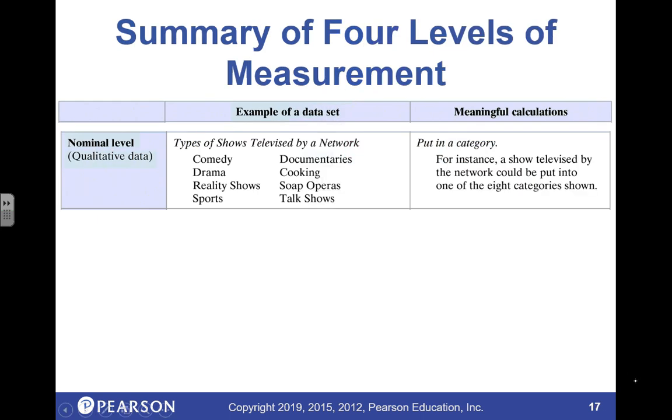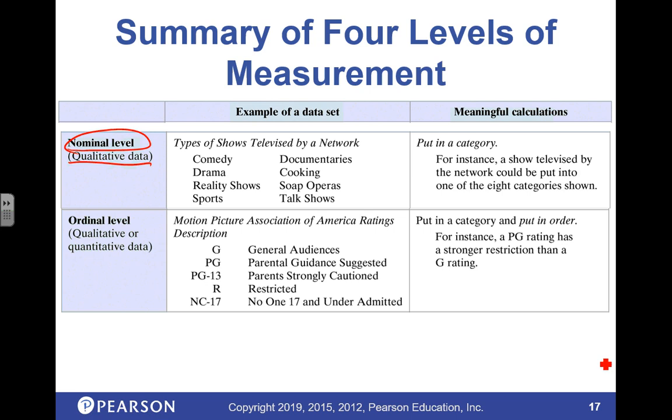So just a couple more examples. We look at types of TV shows on a particular thing. Those are qualities. There's no particular order if we're just listing what the categories are. So qualitative values at the nominal level. If we look at ratings for movies, these are categories, so these are qualitative.